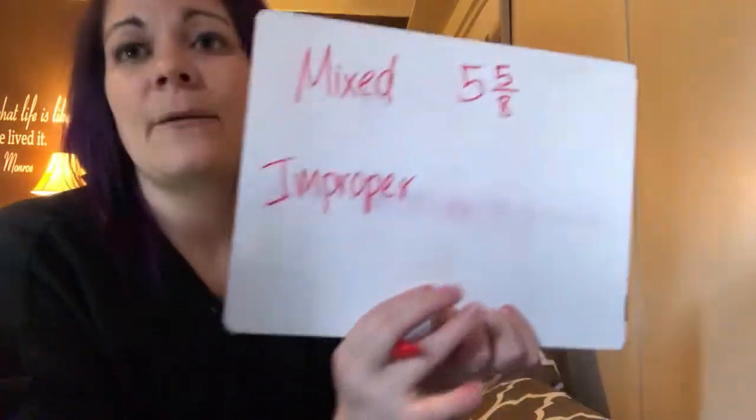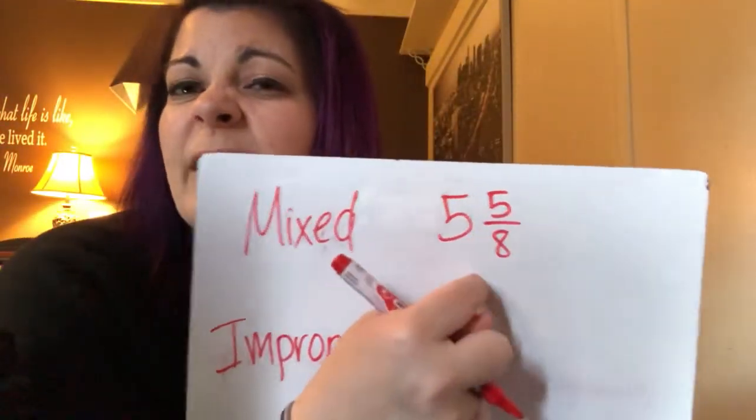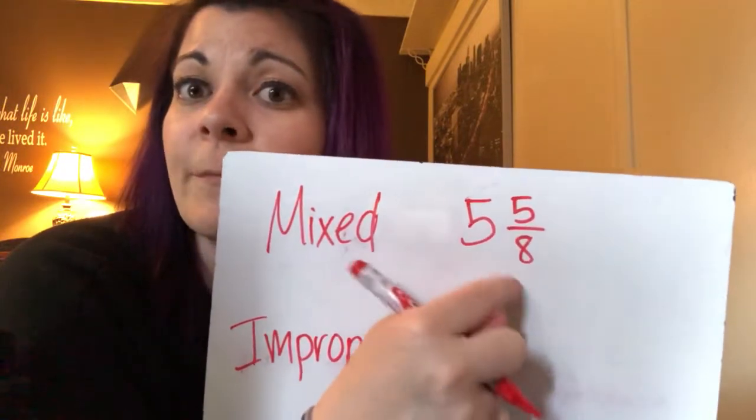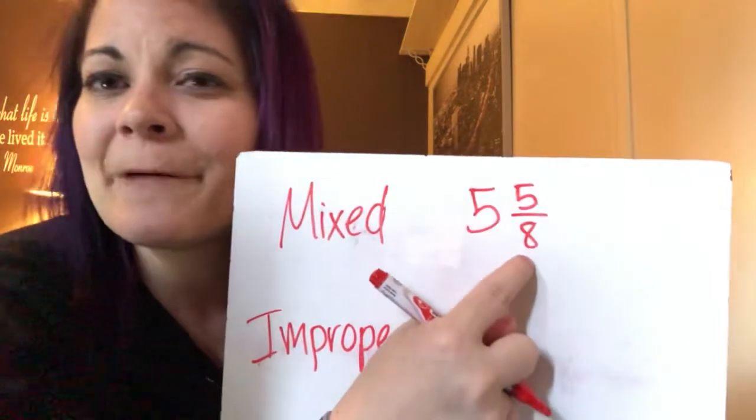Let's do another one. 5 5/8. This means that we ate 5 whole pizzas and then ate 5 pieces out of 8. But all the pizzas were split into 8 pieces. We were hungry that day.